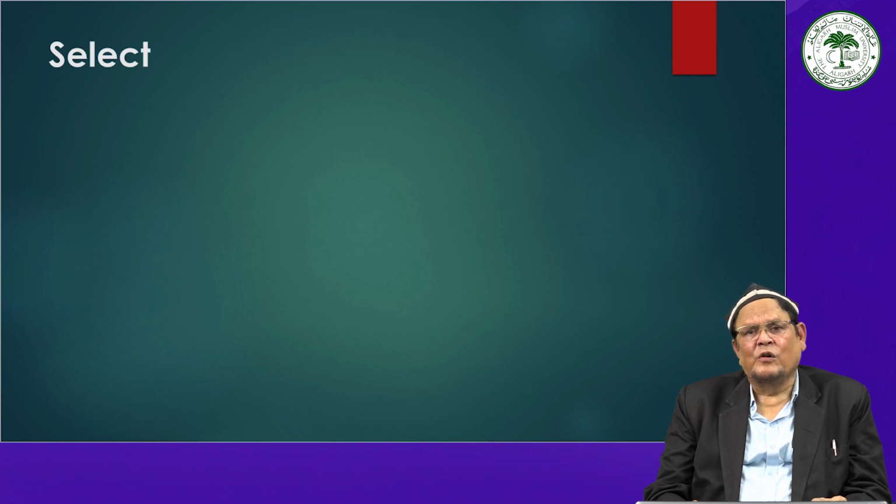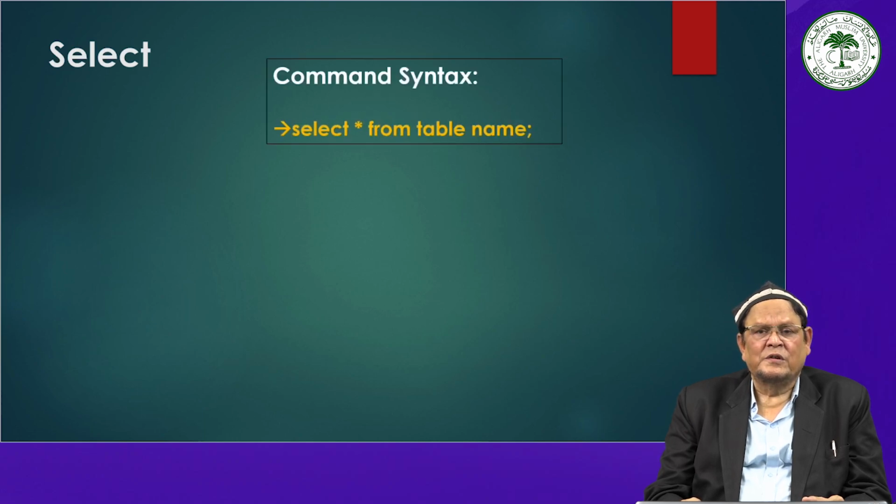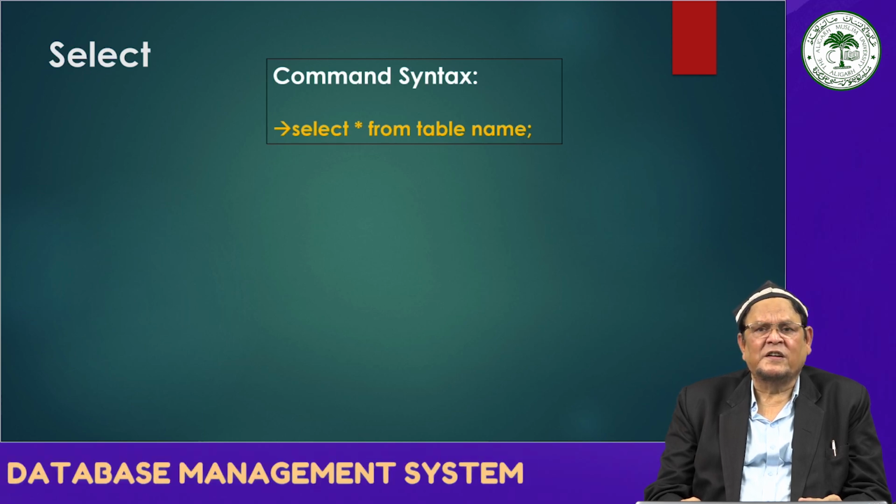After adding values, you want to retrieve information from the database. The MySQL statement for retrieval will be faster. So how do you retrieve information? For that, the command syntax is select star from table name. You have to write select star.